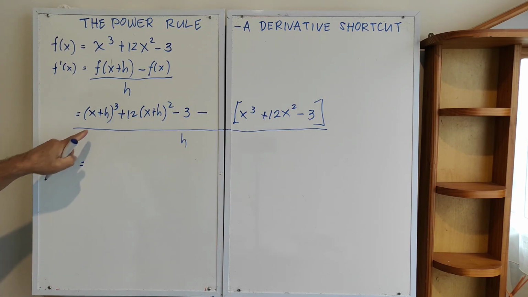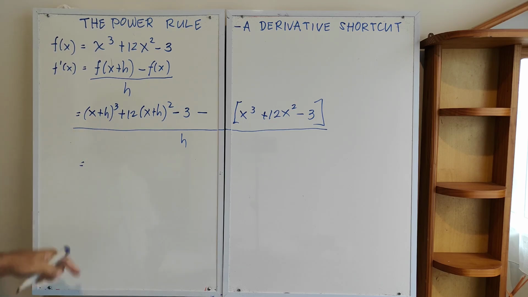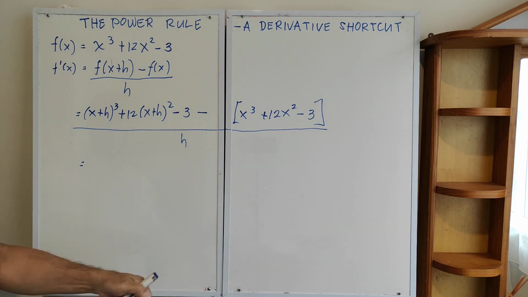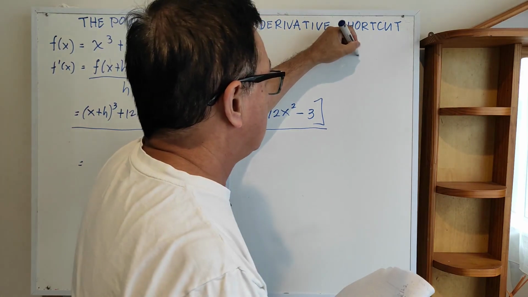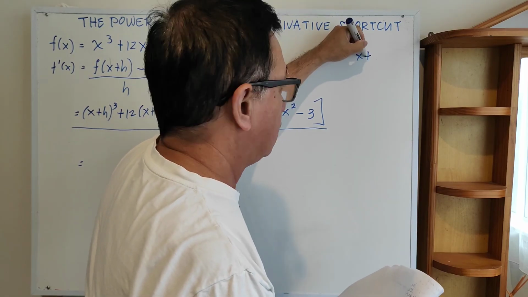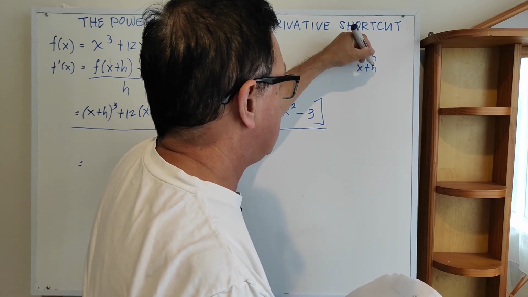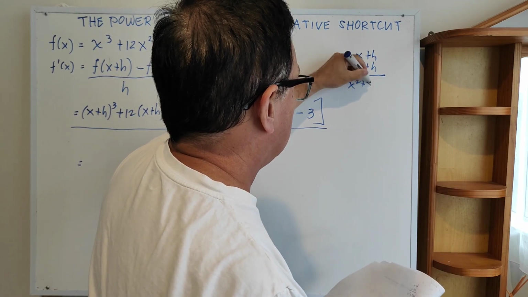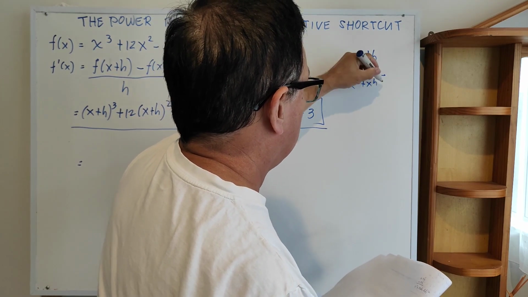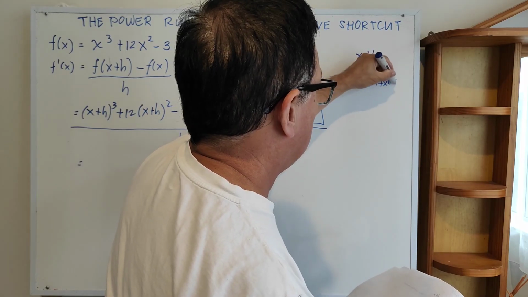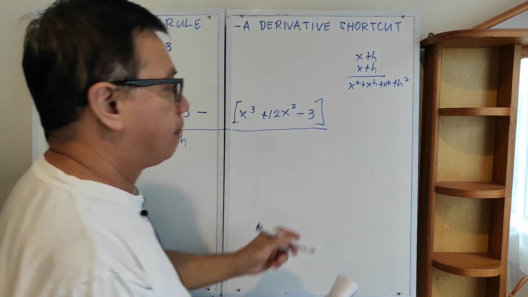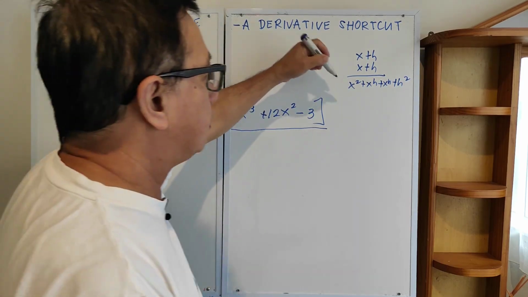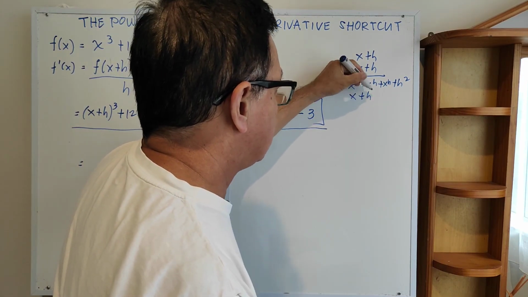Now we have to multiply x plus h three times. So x plus h times x plus h would be x squared plus xh plus xh plus h squared. And then you have to multiply again by x plus h.